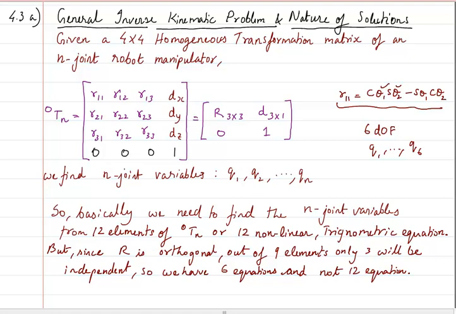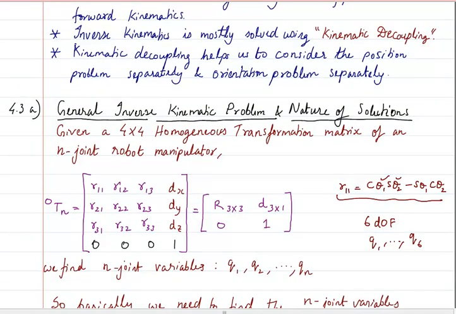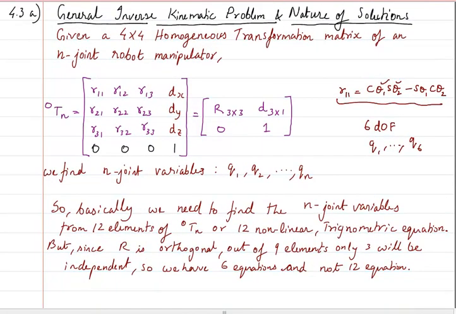That's going to be a little bit of a problem, because of the nature of the solution. Now we will try to say something of the nature of the solution, how the solution looks like.